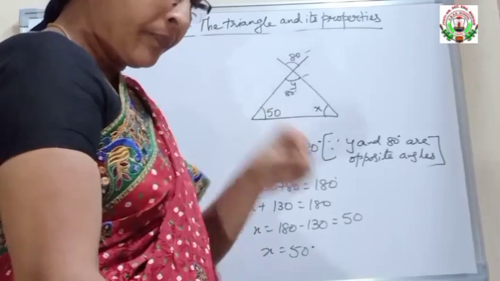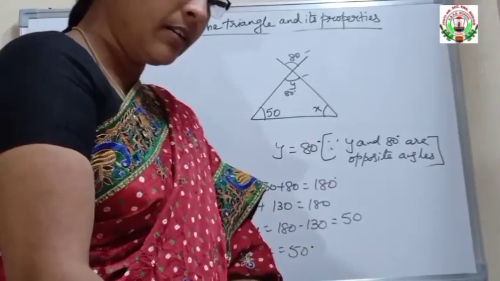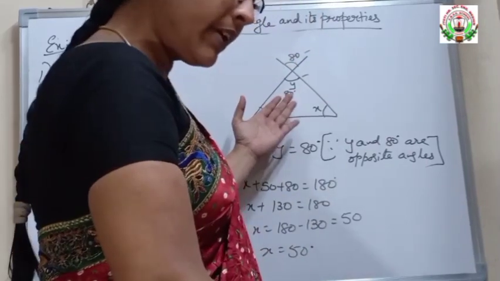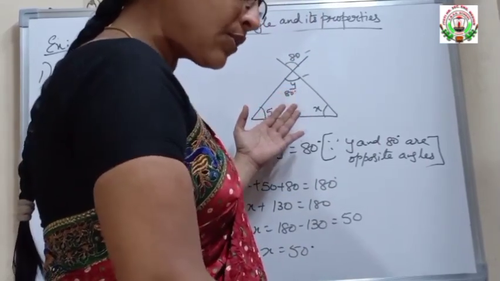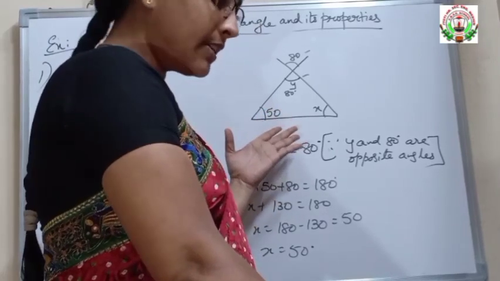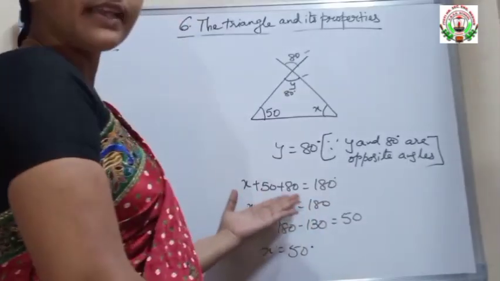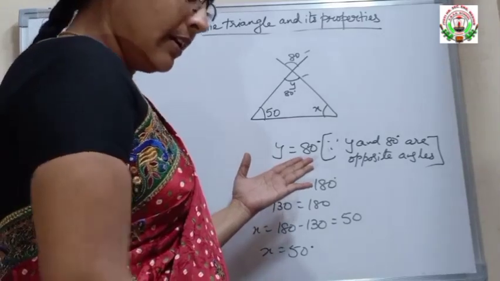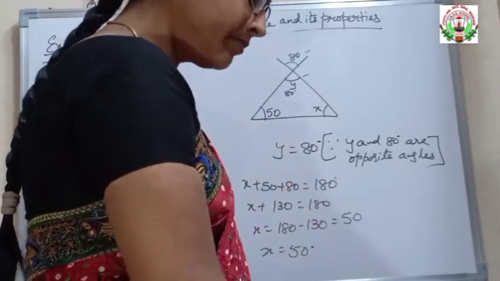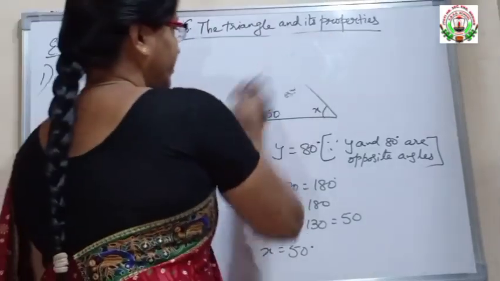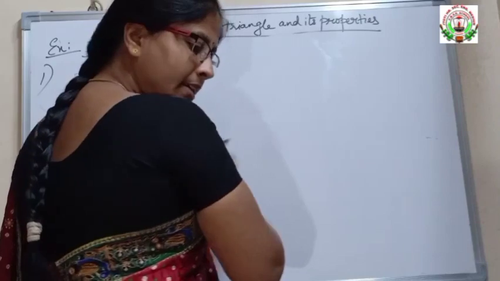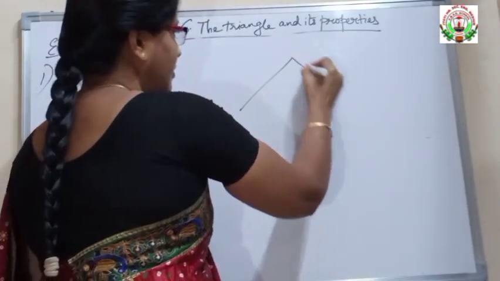Like the third one, the fifth one is in the same way. Next the sixth one also is in the same way. Next the fourth one also is in the same way. You can solve these in the same method. Let us do our fourth one. See, it is given as the triangle is like this.